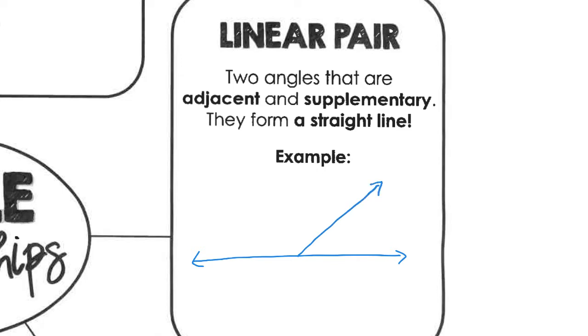Supplementary means that they equal 180. So let's make a note of that, 180 degrees. If this is angle 1 and this is angle 2, they are a linear pair because angle 1 plus angle 2 equals 180 degrees. So that gives us our linear pair.